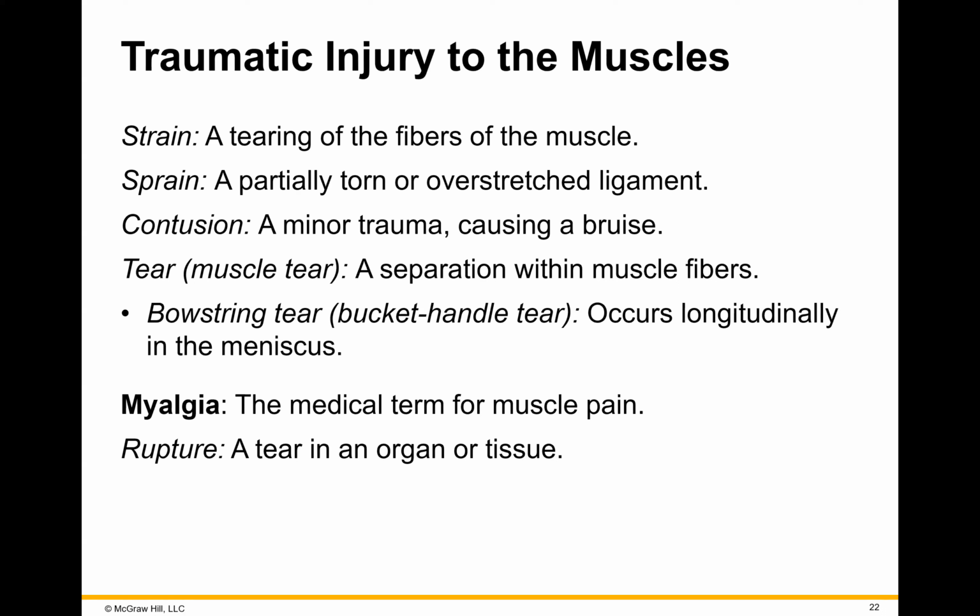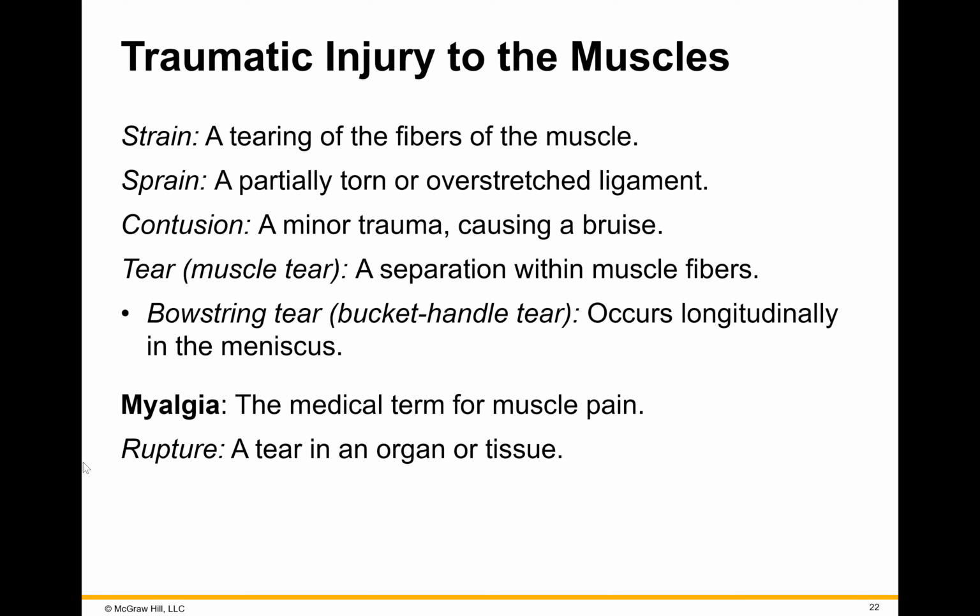And then we can have sprains, which are partially torn or overstretched ligaments, ligaments being things that hold the bones together in the ankle, say elbow, what have you. And then we can have a muscle tear where we're having a separation within the muscle fibers themselves.